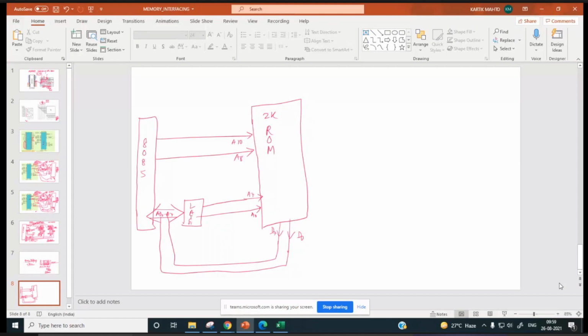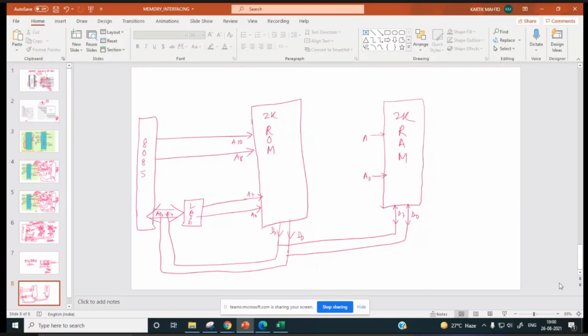Similarly, here we have 2K RAM. It will be connected like this, D0 to D7. Now A0 to A10 I am writing over here.